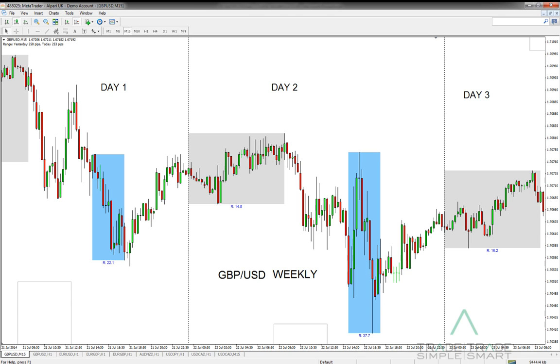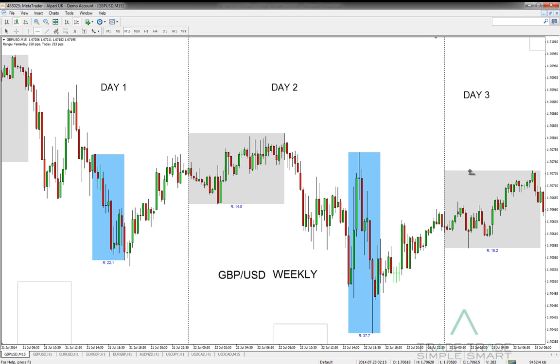So on this day, as the Japanese session comes to an end, we'll be looking for levels of resistance where breakout traders and support and resistance traders will come into the market and buy once a level has been penetrated.